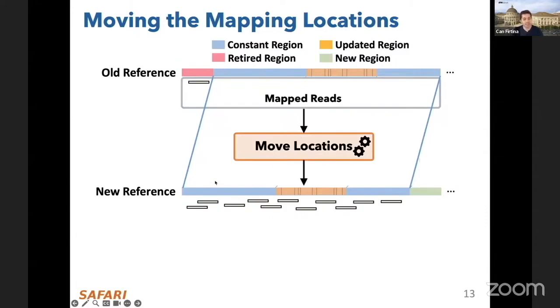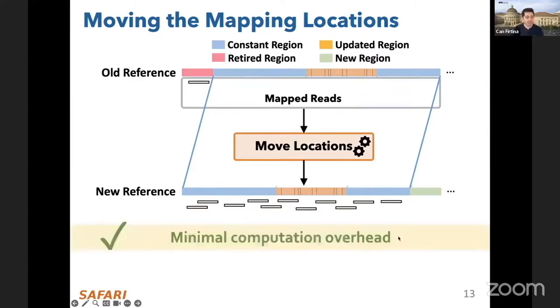So this means that we're not changing anything but their mapping positions based on where these constant and updated regions now exist in the new reference genome. So this provides a minimal computation overhead to move the reads to a new reference genome.